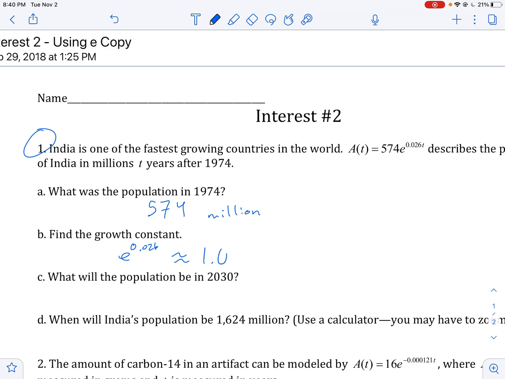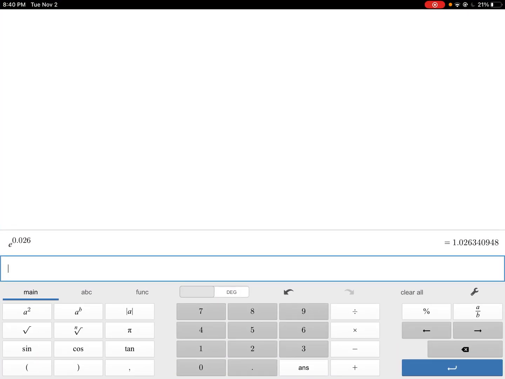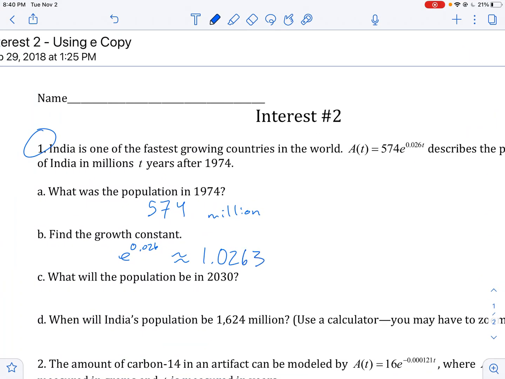So 1.02634, and it keeps going, but we'll stop there. We found our growth constant. That's what you're timesing by every year.